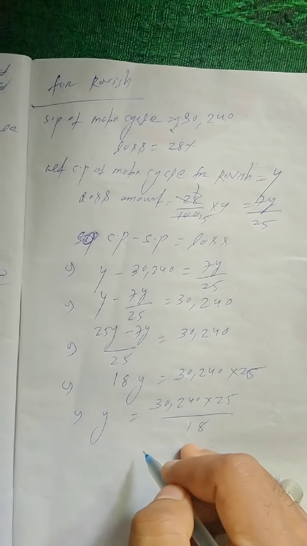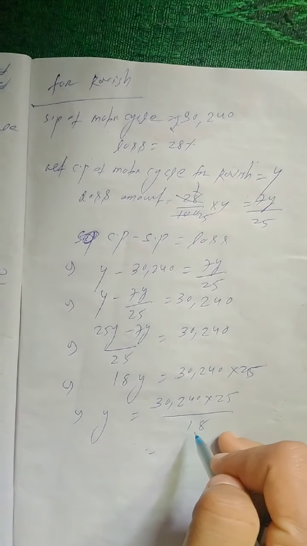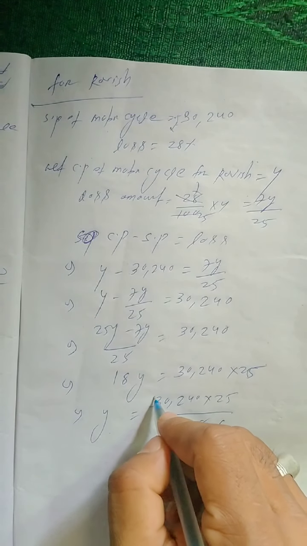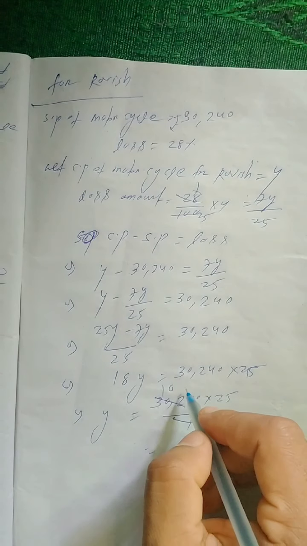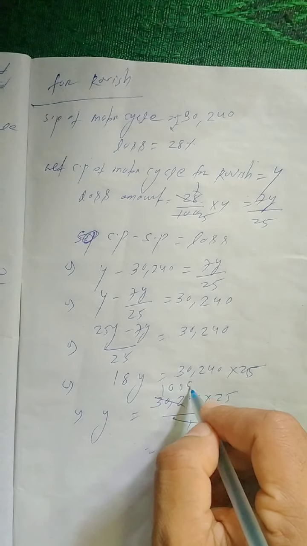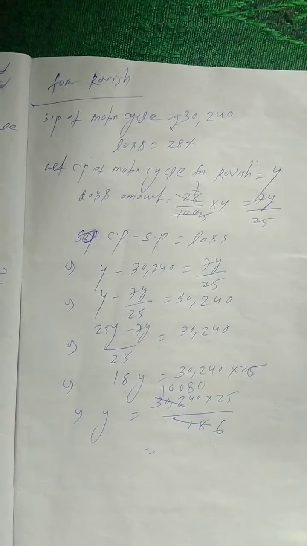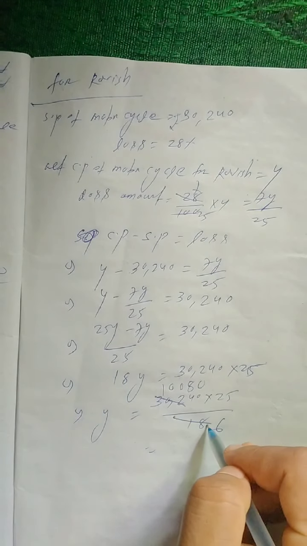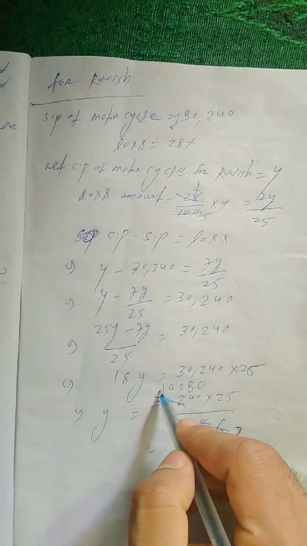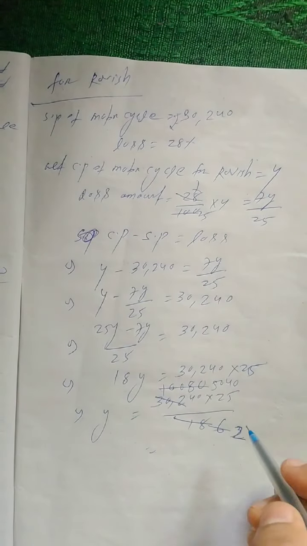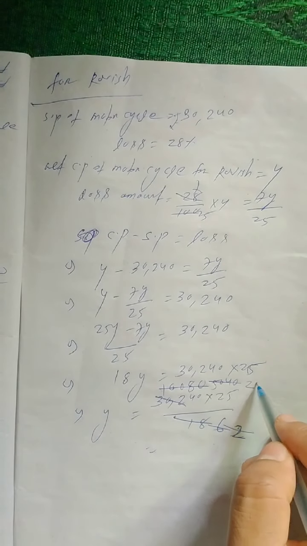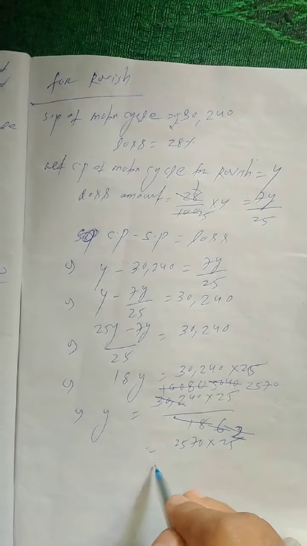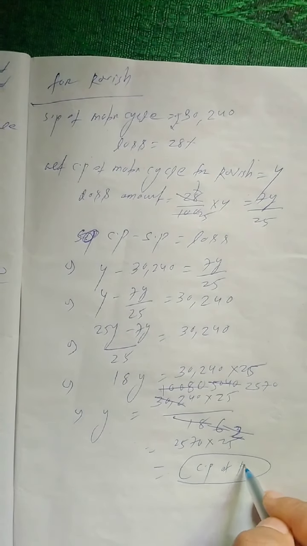Okay, if you solve it, dividing by 3, 30,240 by 18 gives 1680. Then 1680 into 25, if you multiply, you will get the CP of Ravi.